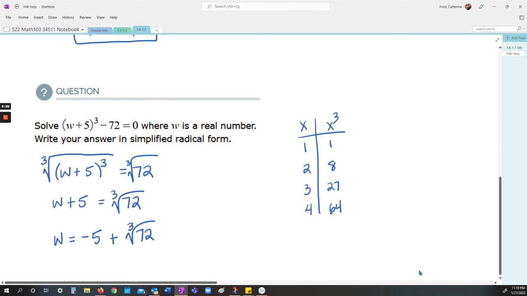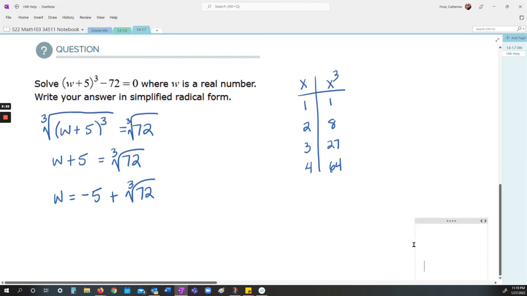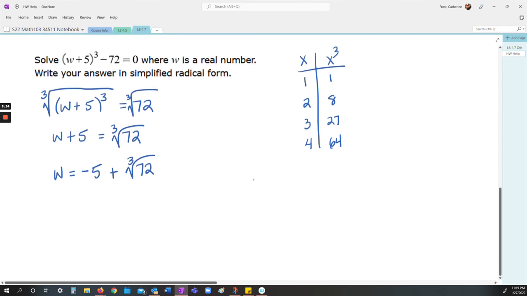So cube root of 72, let's write that as cube root of 8 times 9. I kind of skipped this on the previous one, so I'll write this out: we can split this into 2 separate cube roots, cube root of 8 times the cube root of 9.